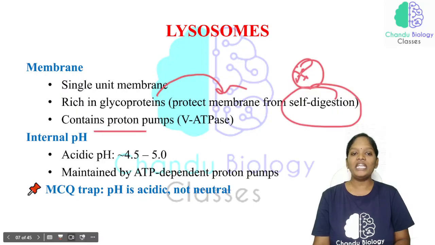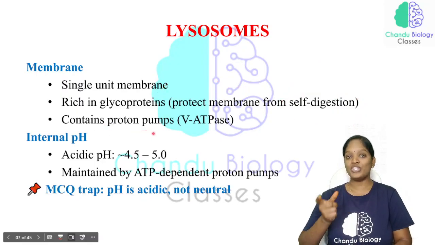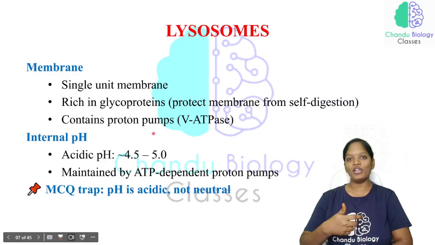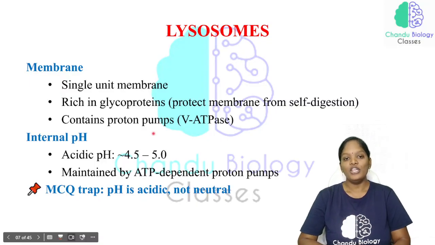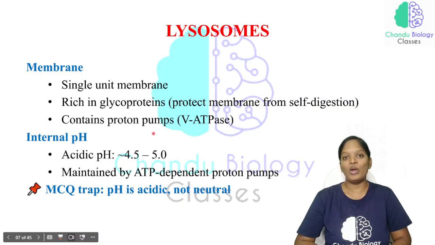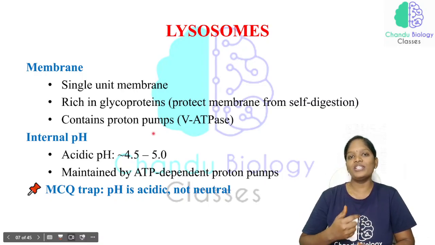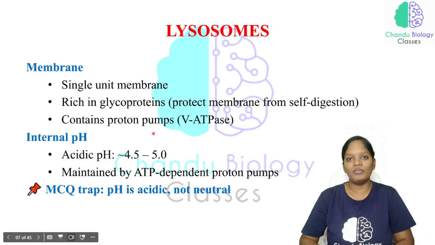Okay, now it contains proton pumps. As we have studied about the proton pump in the mitochondria, you should know that the enzymes present in the lysosome are acid hydrolases, which means that the enzymes prefer only an acidic environment. Now who is responsible for maintaining the acidic environment in the lysosomes?